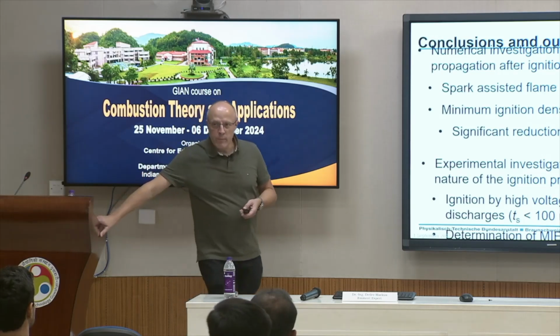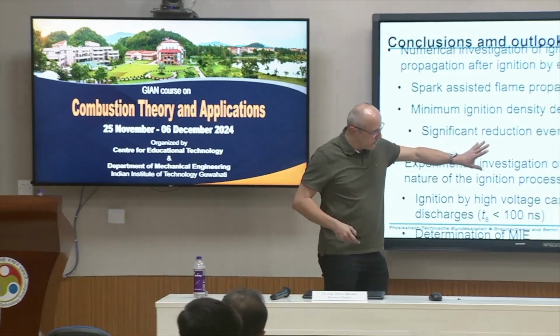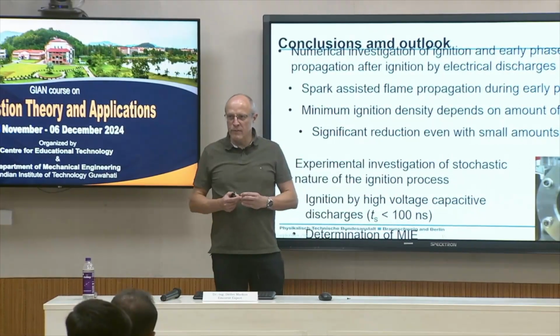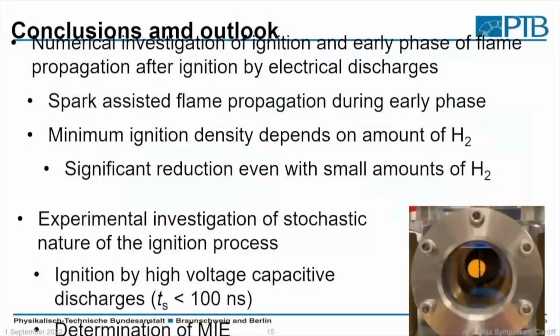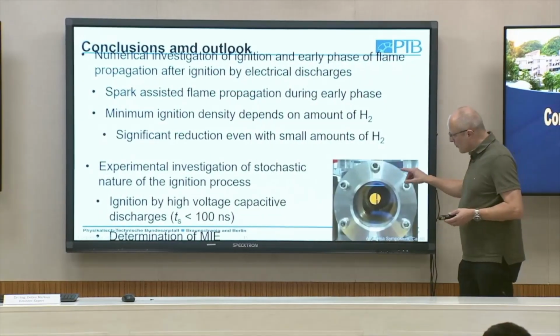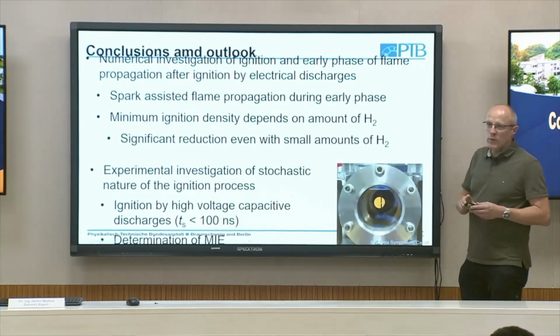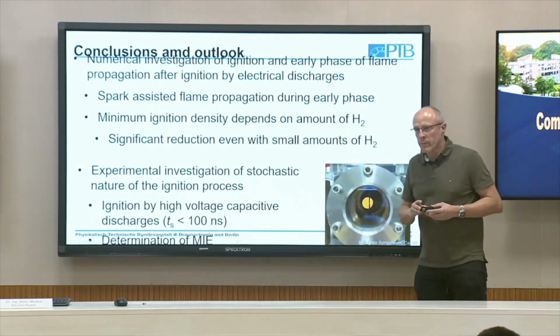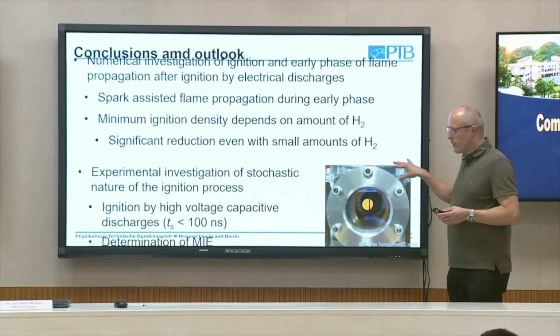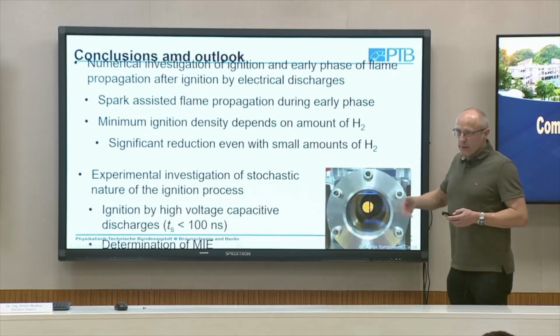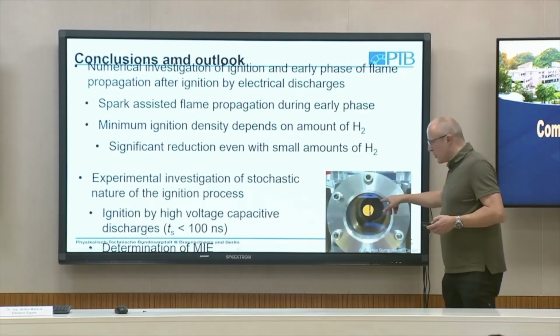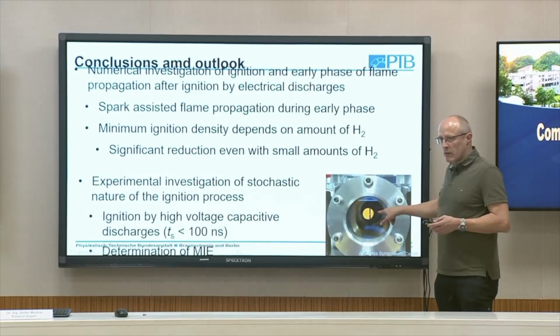A much easier setup is a classical combustion vessel, like you see here. So here you see an ammonia air flame ignited by an electrical spark. And you can examine the flame front propagation as a function of time in such a configuration. And with some mathematics, so you do not see here directly the laminar burning velocity.